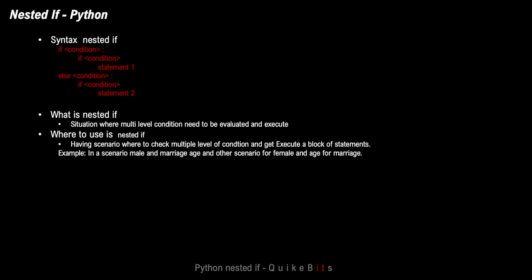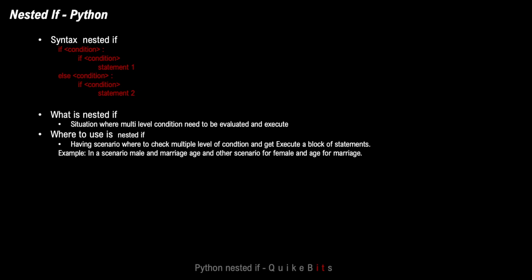Suppose you want to understand whether a female is eligible for marriage and whether a male is eligible for marriage by age. If you want to test that, then we need to use a nested if statement. The reason is that the eligible age for marriage for female and male is different.